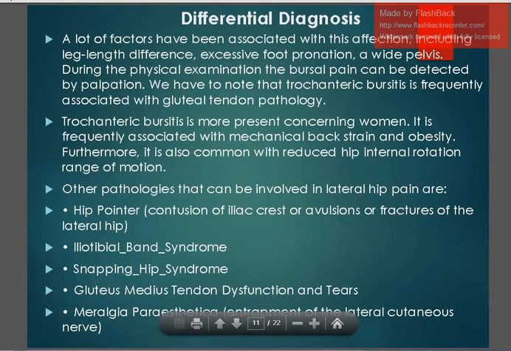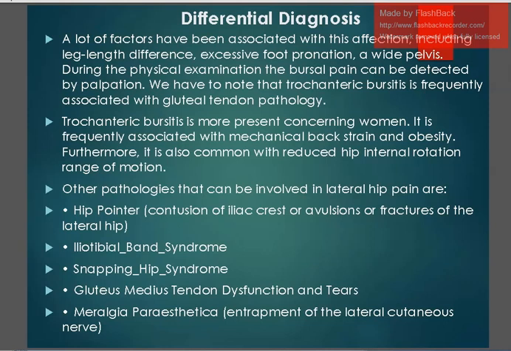In differential diagnosis, we have to rule out other problems which may mimic the same type of symptoms. A lot of factors have been associated, including leg length difference, as I said, excessive foot pronation, and a wider pelvis, because of which women are more affected.